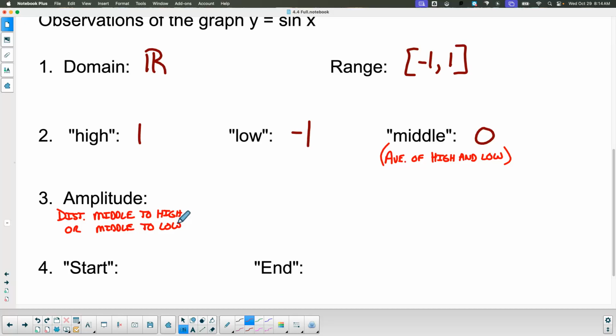So in this particular case, the distance from 0 to 1 is 1. From 0 to -1 is also 1. So my amplitude is also 1.